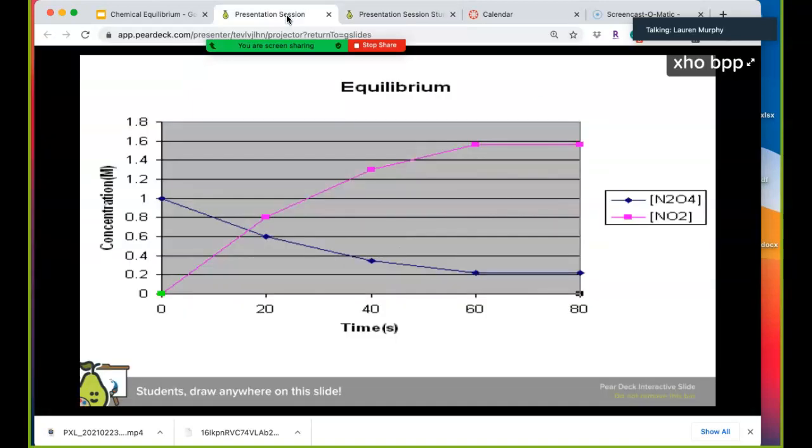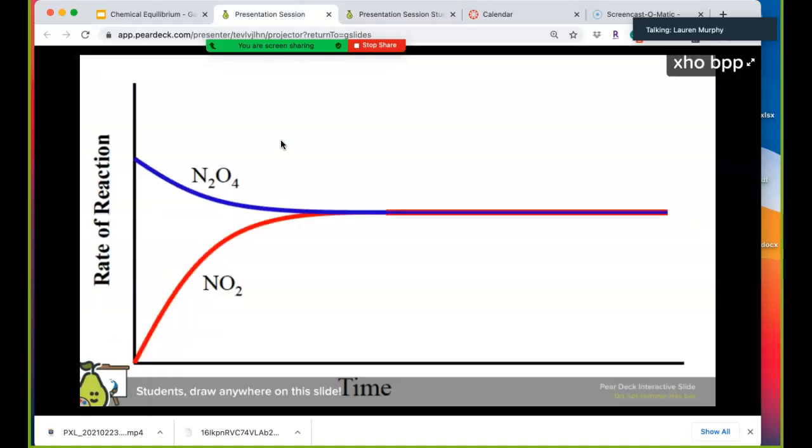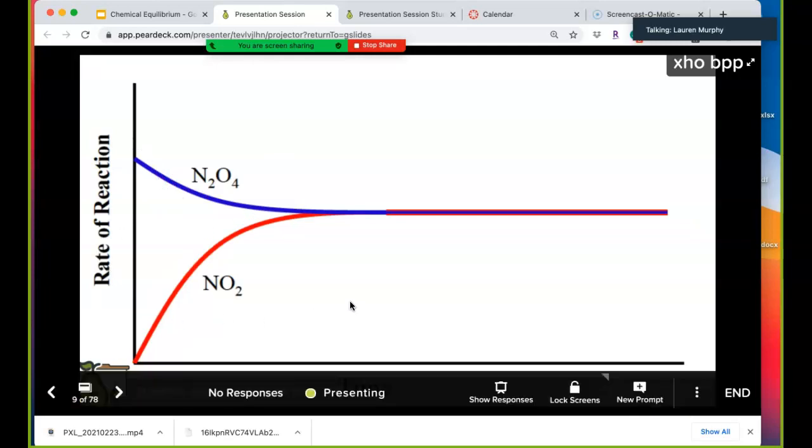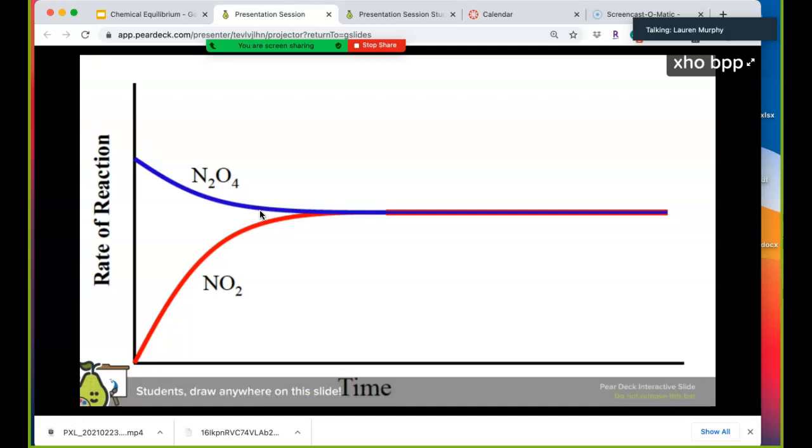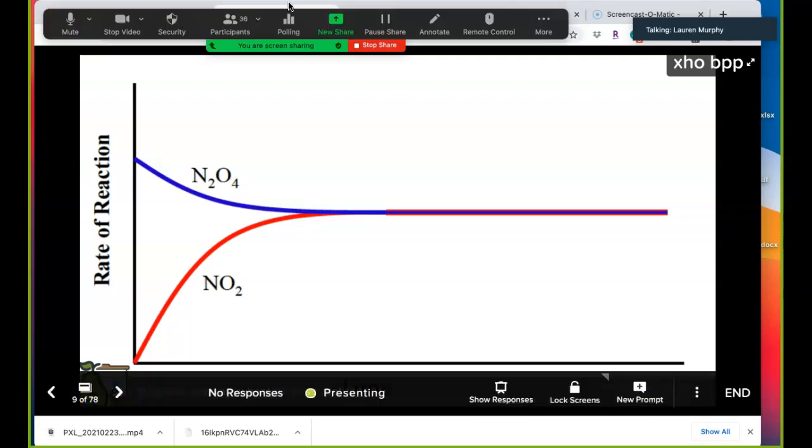If you look at this graph as rate versus time, you'll notice that the two lines run into each other because their rates are equal at equilibrium. Their concentrations don't have to be equal, but their rates have to be equal at equilibrium. So it's just going back and forth over and over again, okay?